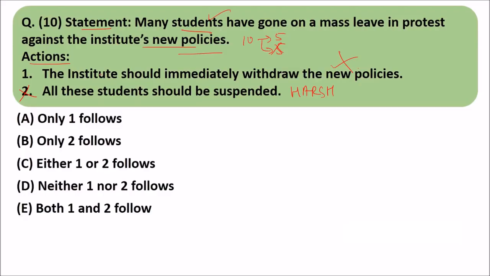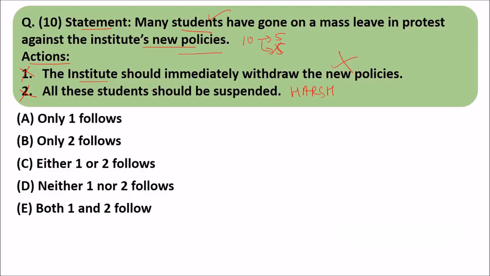Okay, so here the action is that the institute should immediately withdraw the new policies. That means all the policies it needs to withdraw, but that would be a very unthoughtful and a very knee-jerk reaction, that is an immediate reaction, which is not useful. So even this is not a logical action.